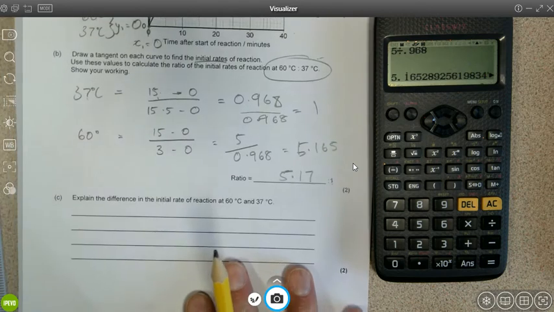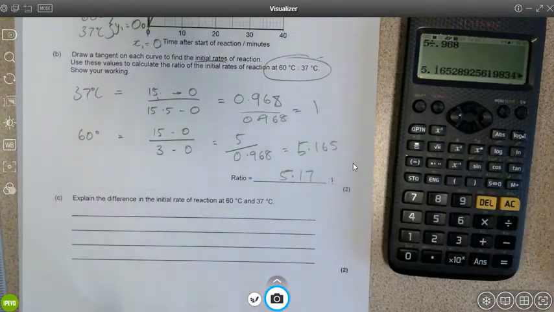Okay, then, if you've watched the previous videos, you probably can expect there'll be an explanation question to explain the difference in the initial rate between 60 and 37 degrees.